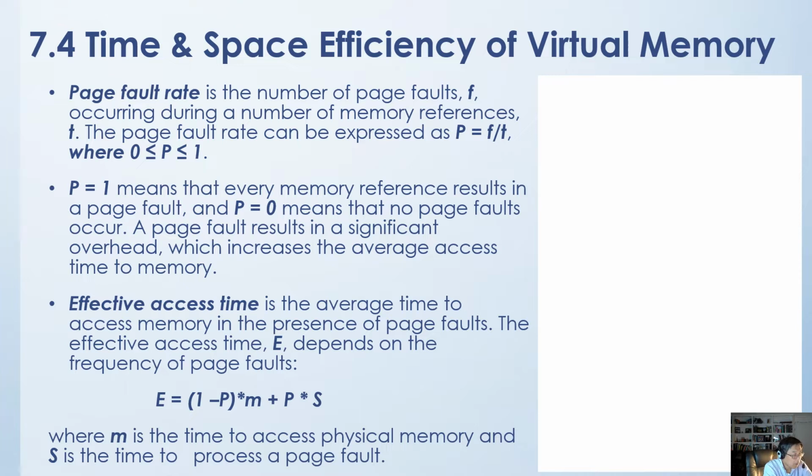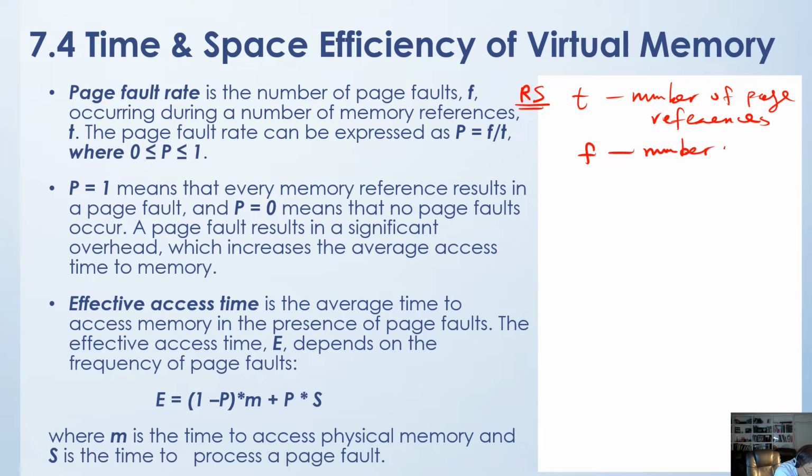Now, first, let's introduce the page fault rate. During the execution of a process, a reference string will be created for the process. It shows the list of page references. Suppose T is the number of page references, and during this time period there are F page faults.